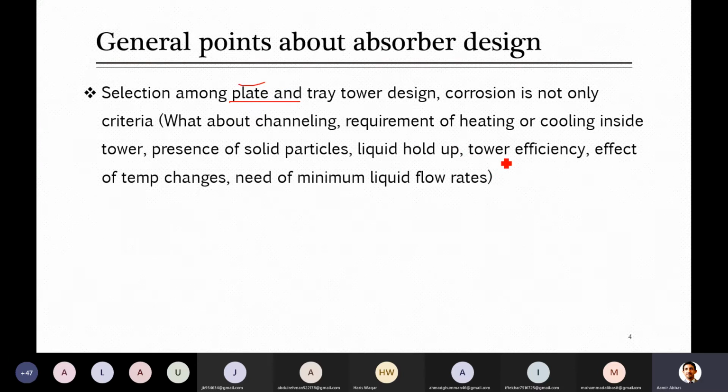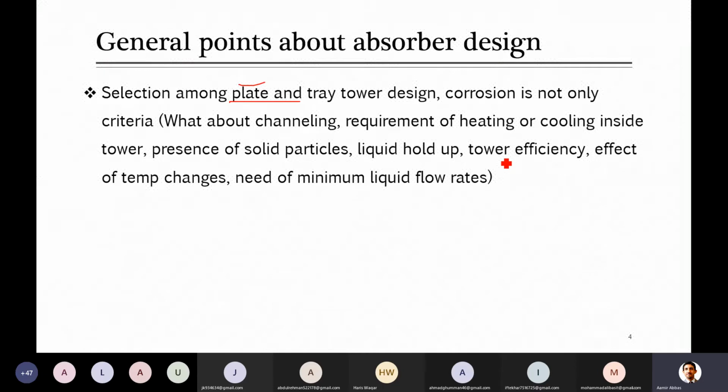Tower efficiency is better in the case of the tray tower, because of the huge liquid hold up and better contact of liquid and vapors with each other. Then the effect of temperature changes. When temperature is changing inside the tower, its effect is less on the trays, because they are metallic and usually have a solid structure.